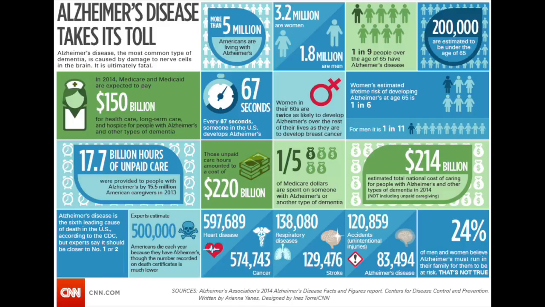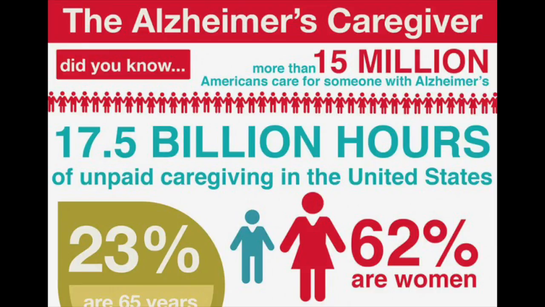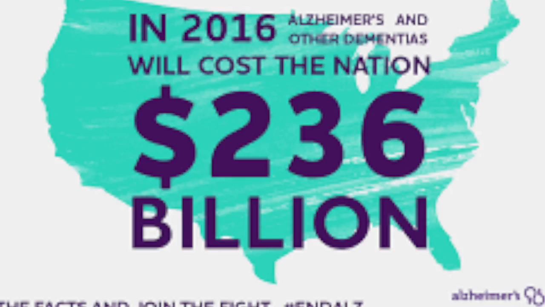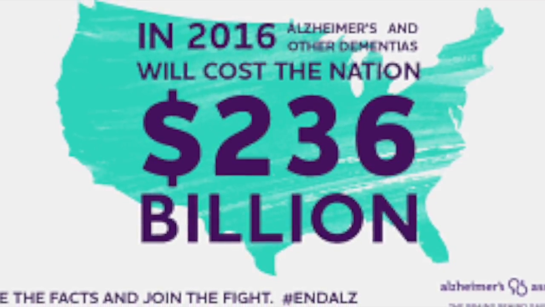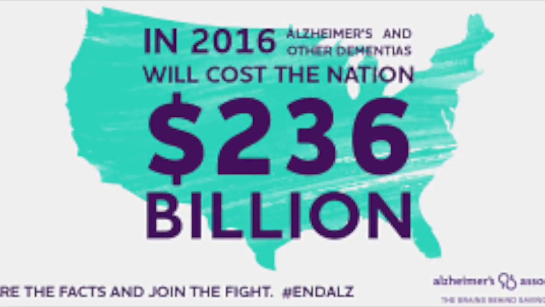In 2015, 15.9 million family and friends provided 18.1 billion hours of unpaid care to those with Alzheimer's and other dementias. This amount of care estimated an economic value of $221.3 billion.